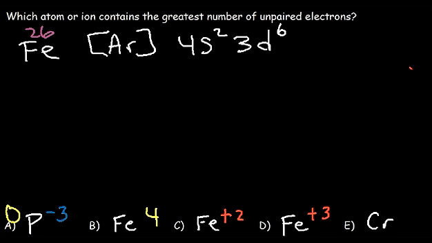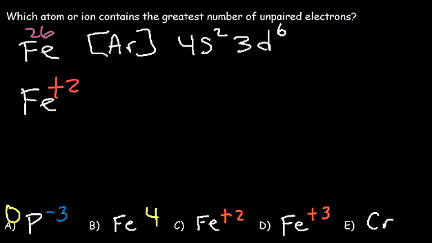So now let's move on to Fe plus 2. Now that we have the electron configuration for Fe, how can we write it for Fe plus 2? Now if you remember, for the phosphide ion, we had to add 3 to the number of electrons since it has a negative charge. So we increased the electron configuration by 3.